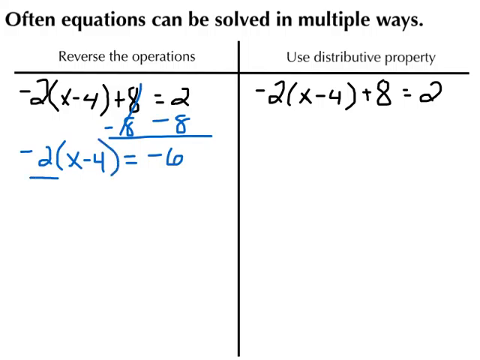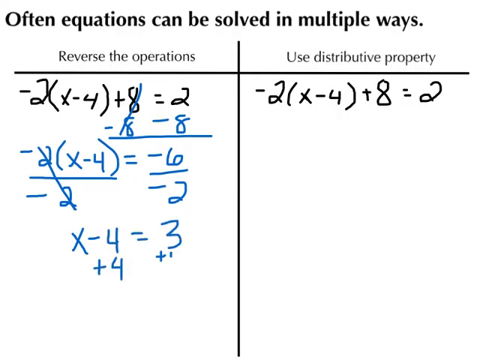Now I'm going to divide by negative 2. x minus 4 equals positive 3, plus 4 on both sides. x equals 7.